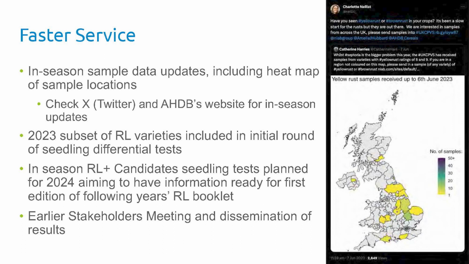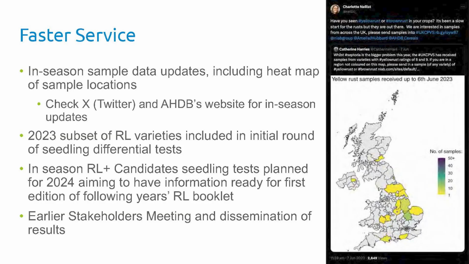Okay, so I'm just going to talk through some of the improvements that Amelia has already mentioned and some of our plans for 2024. So we're really trying to deliver a faster service, and we want to deliver in-season reporting. Last year, in 2023, we managed to get some bulletins out of in-season sample data updates.